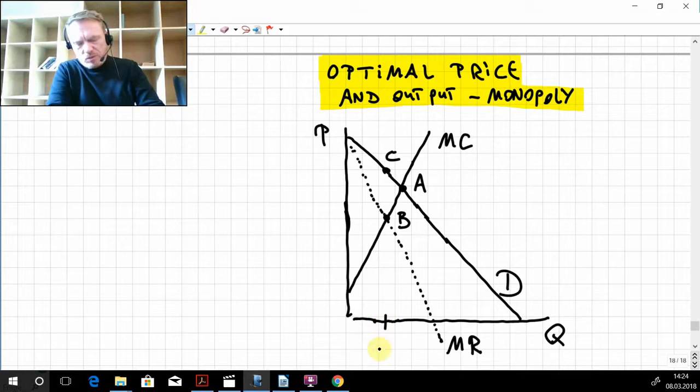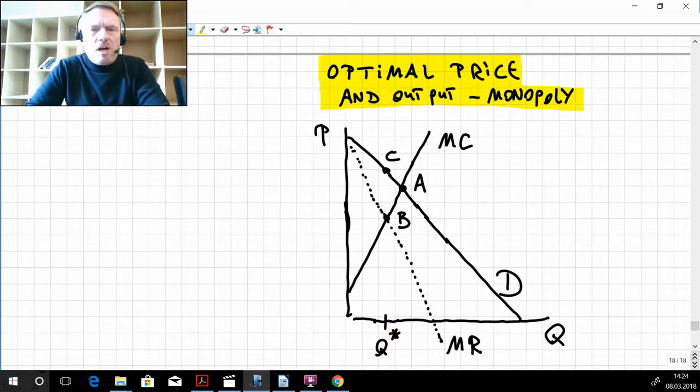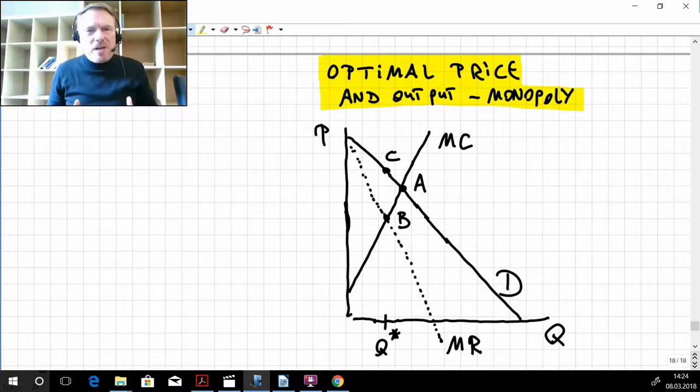So the optimal quantity, Q, let's call it Q star. The optimal quantity for a monopolist is Q star, but the optimal price is not linked to point B, which is not here.